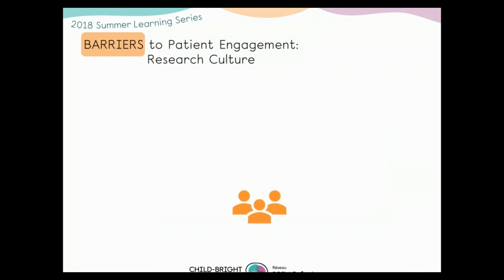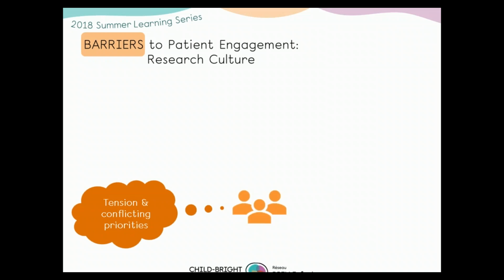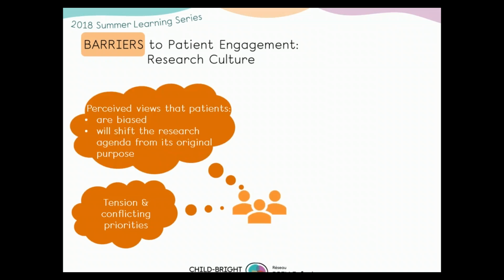All right. So in terms of the research culture, as we mentioned, there are a number of barriers that would impede the uptake of effective patient engagement. For instance, there are perceived conflicting priorities and tensions between researchers and patient partners.